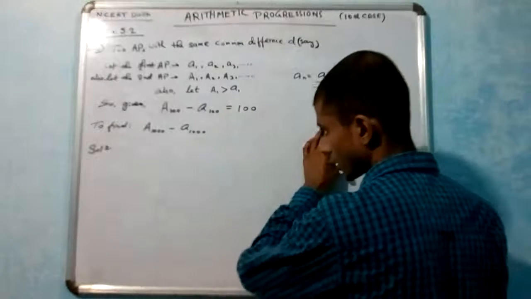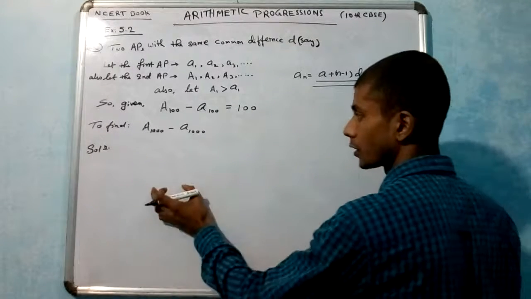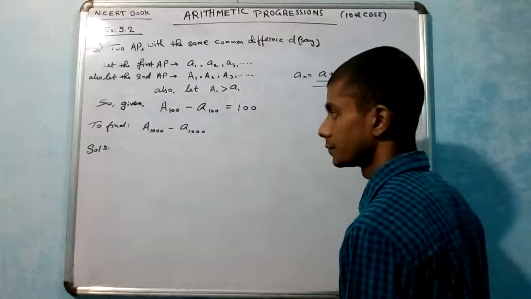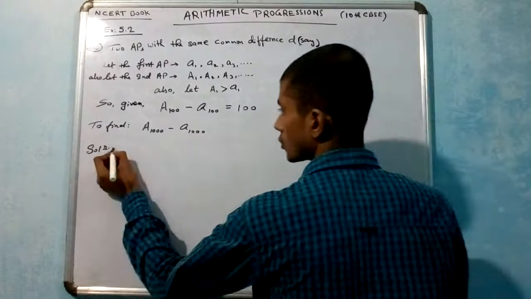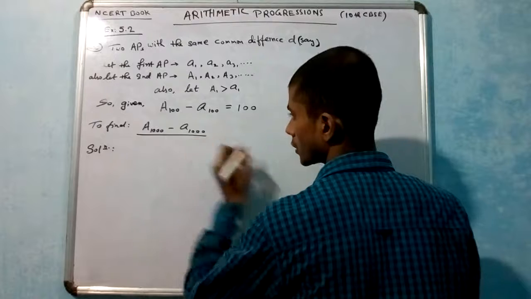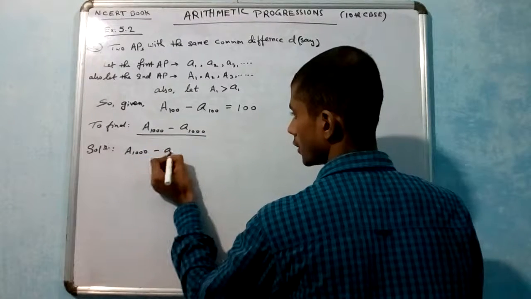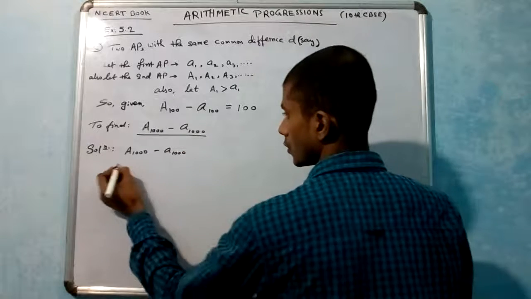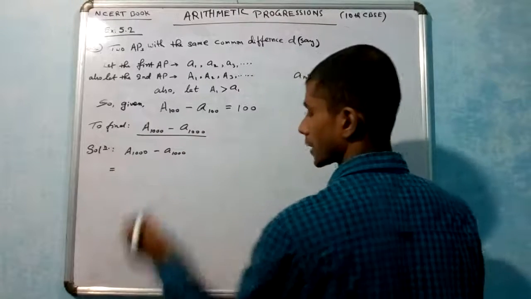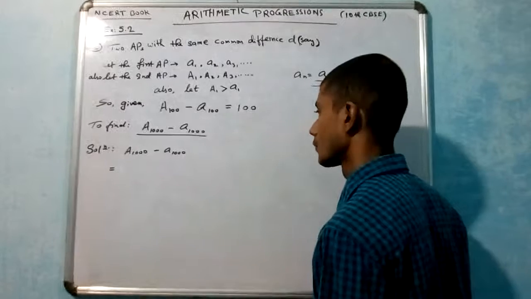Then from the given, what can we extract and put in our required thing? Let us see. We want this. Let us expand A1000 minus a1000. What will be the expansion for this?